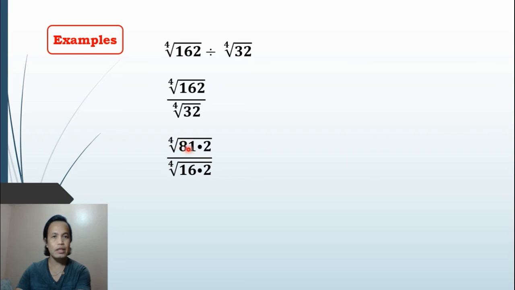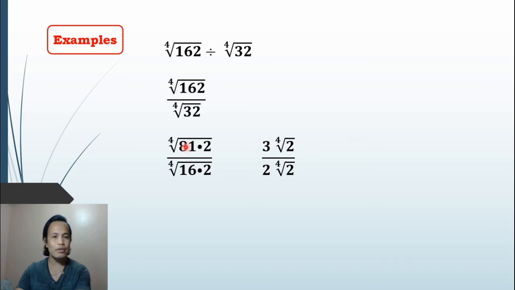The fourth root of 81 is 3. The same happens for 32. It is not a perfect fourth power, but we can factor it as 16 times 2. 16 times 2 is 32, and the fourth root of 16 is 2. This time, we get the fourth root of 81, which is 3. That's why we have the 3.